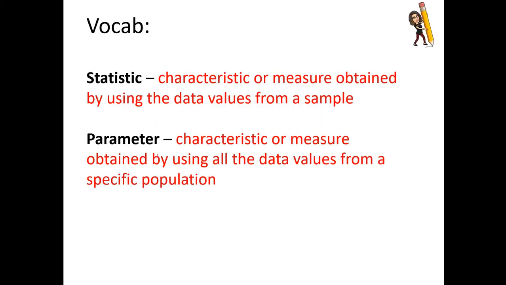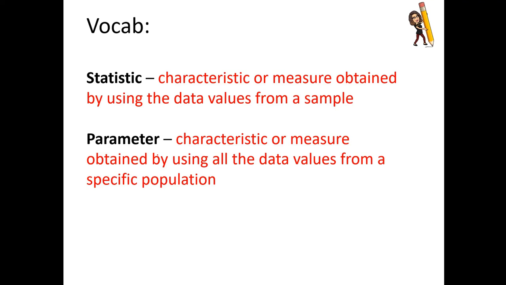All right, let's start off with some vocab before we get too carried away into mean, median, and mode. A statistic and a parameter, what is the difference? They are both characteristics, some sort of measurement, a data point that we're going to calculate, and they are obtained using two different things.